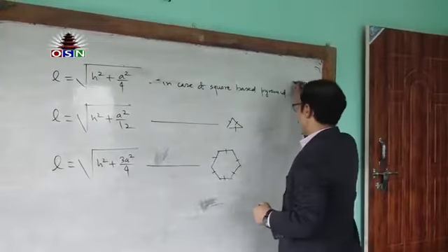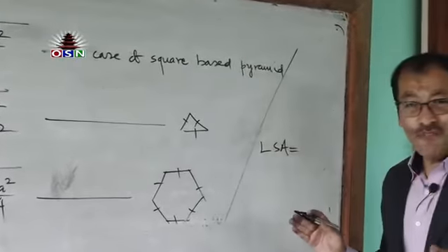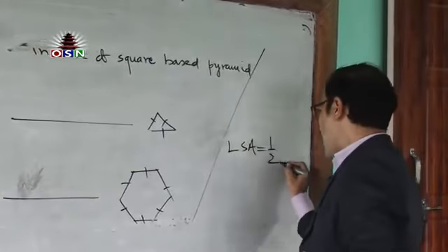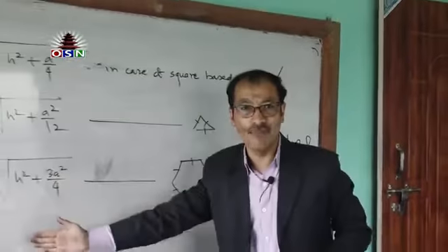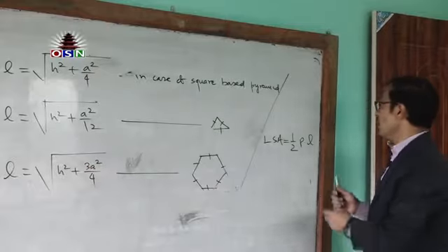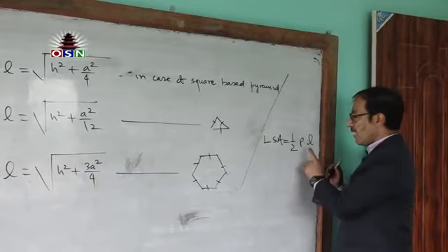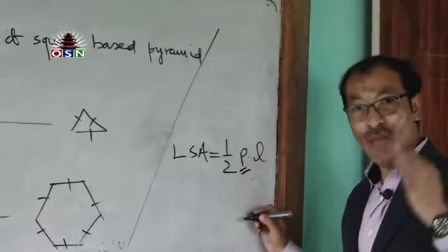In case of lateral surface area, you should be very much clear that it is half perimeter into slanting length. First of all, you have to find the slanting length by applying this formula. Then after, you will have to find the lateral surface area by using this formula. What does P represent? P represents the perimeter of the base.